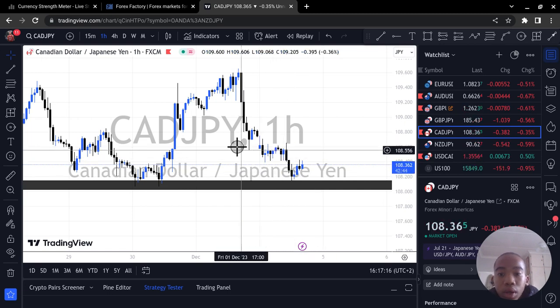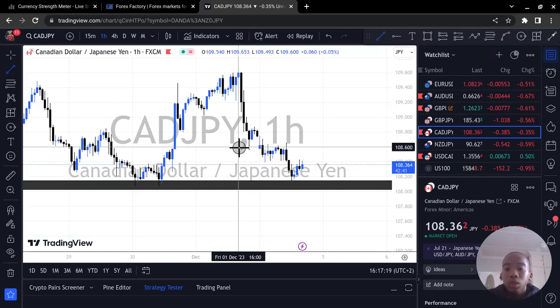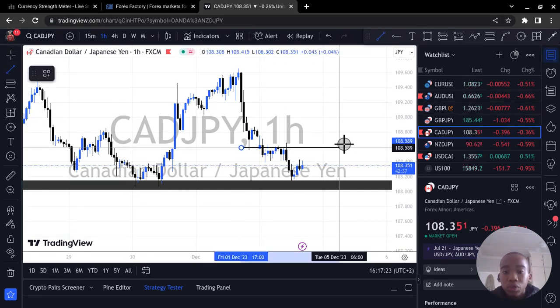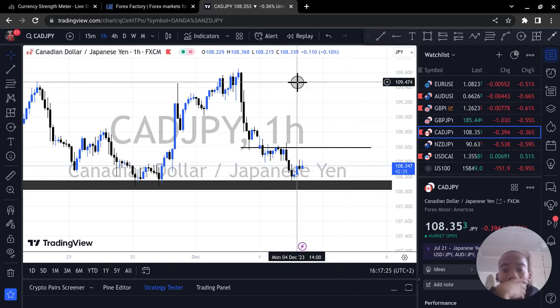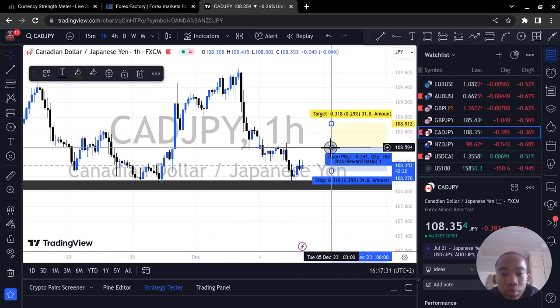But maybe we can wait for price to break these highs right here. That should give us confirmation that it is bullish, and then we could look to take entries towards the upside right here.